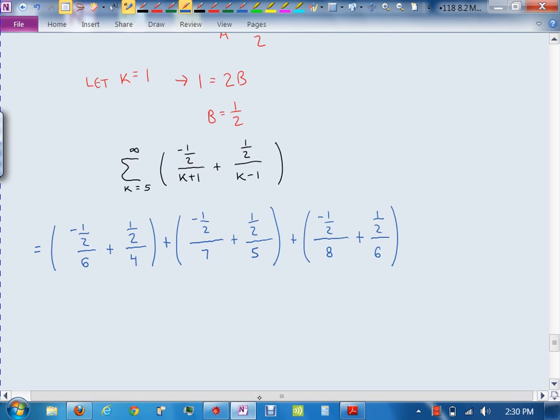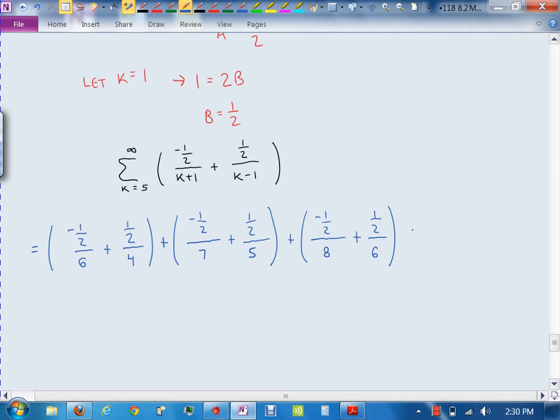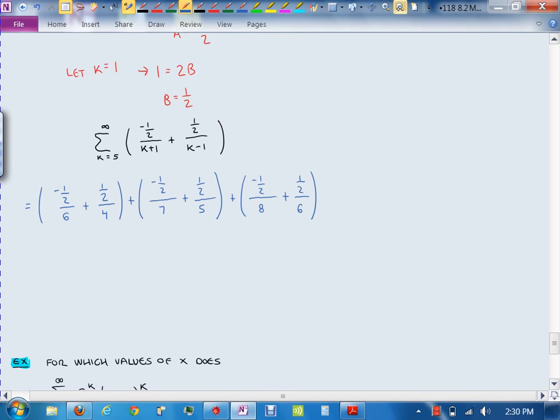I'm going to try and go as far as I can on my paper here, widthwise. Plus negative 1/2 over what, 9? Plus 1/2 over 5. Y'all still with me or not? Okay, let's do one more.